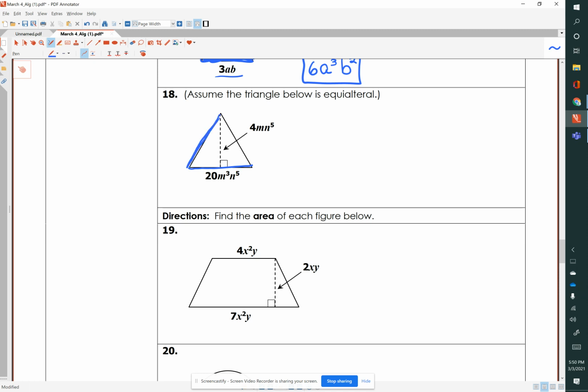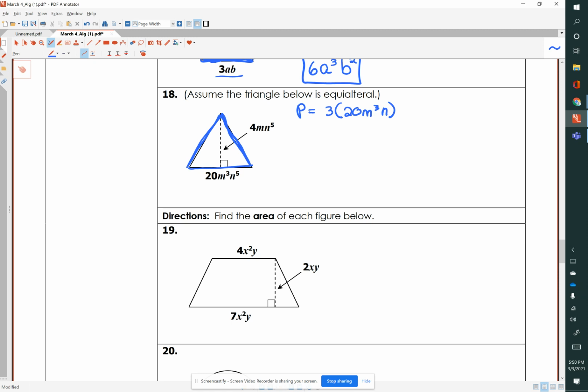Okay, so we can assume all these sides are the same size. So we're just going to take that and multiply it by 3. So it would be 3 times, put it in parentheses, 20m to the third n to the fifth.